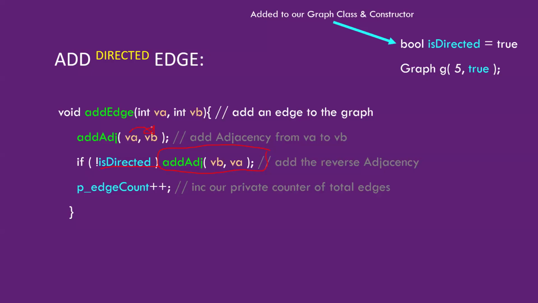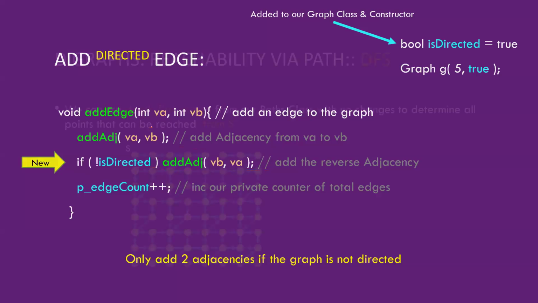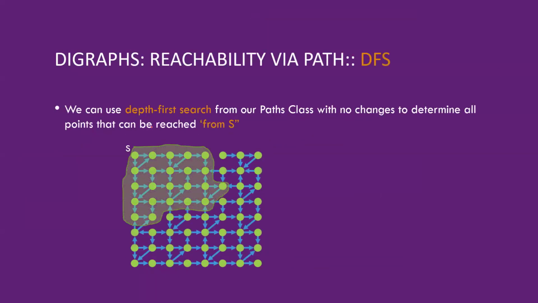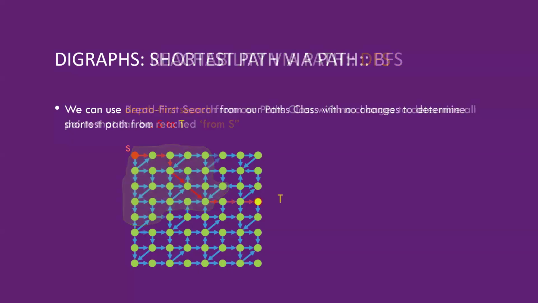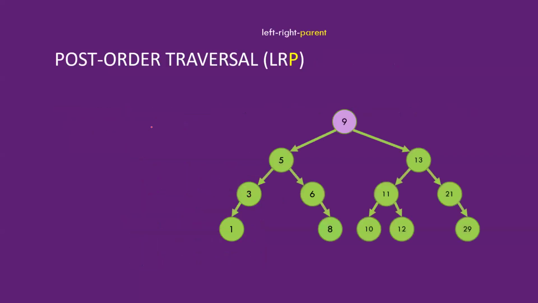That's sort of our directed edge in that case. So that was our change last time. And we said with that, we could just do path searching with our good old friend, the path class, because we're just still using the adjacencies to find that. So shortest path, any path, we can do that the standard way using the path class that we already had.